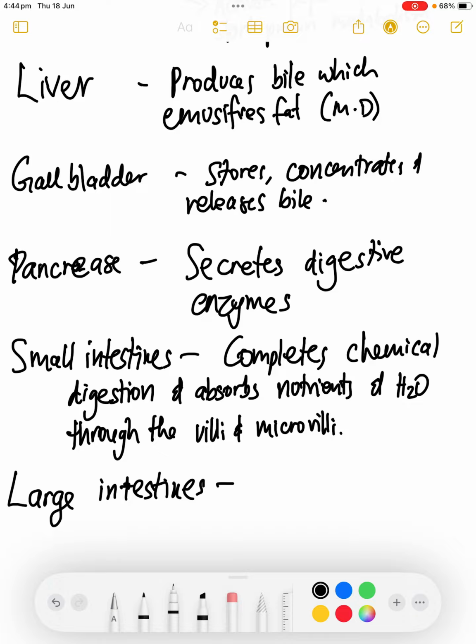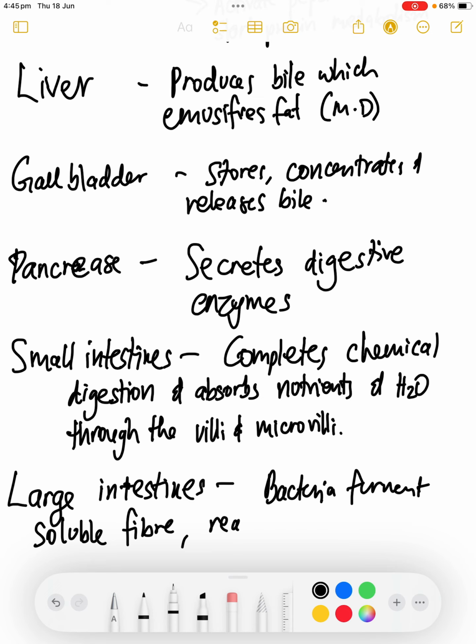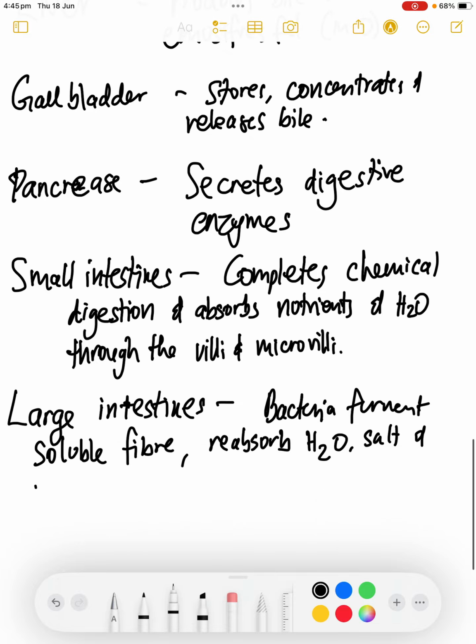We've got bacteria which ferment soluble fiber and reabsorb water, salt, and other minerals to form stool.